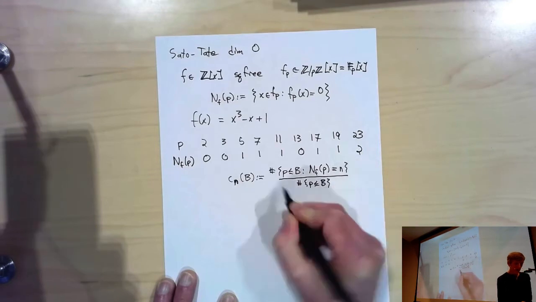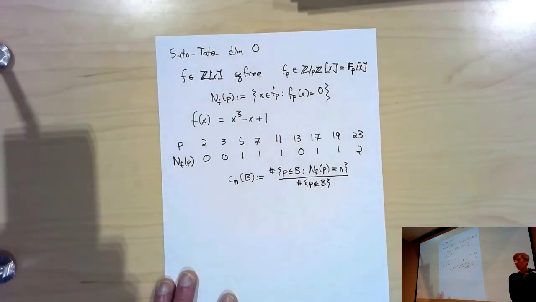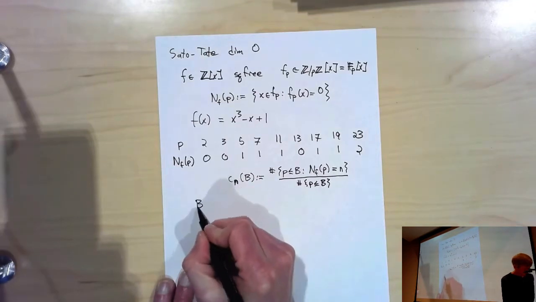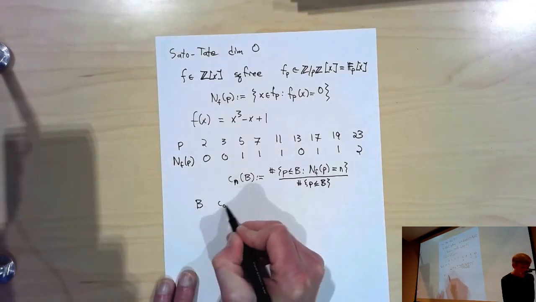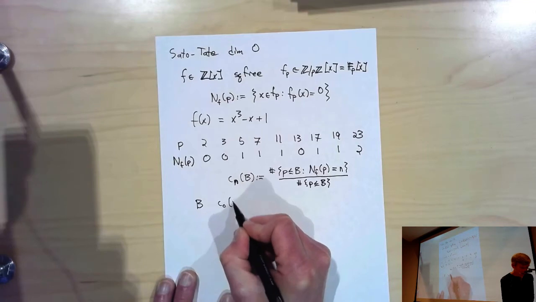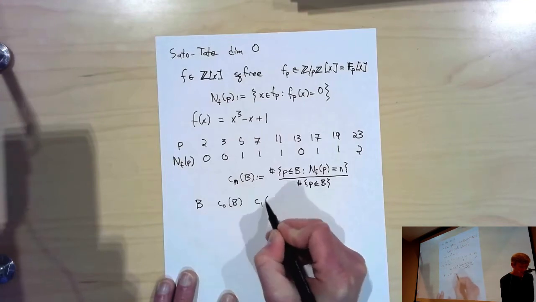And whenever I write p less than or equal to b, I always mean that p is a prime. And so now we could, for increasing values of b, compute these quantities, these c_n. So let's do that.